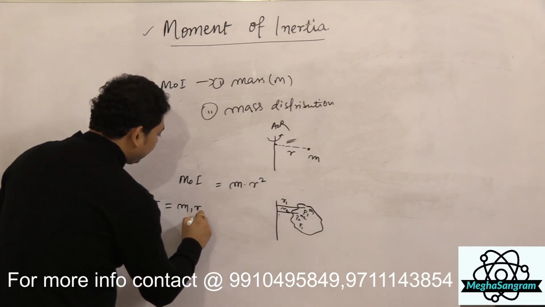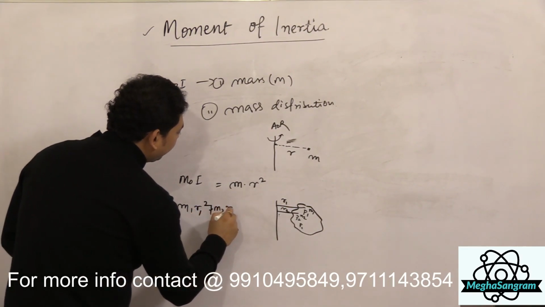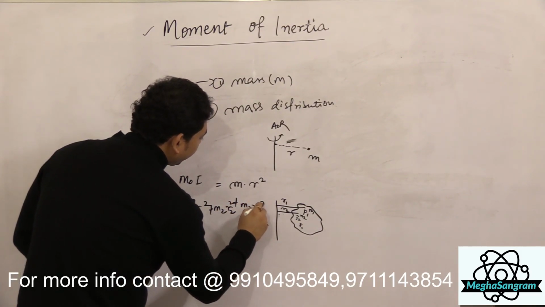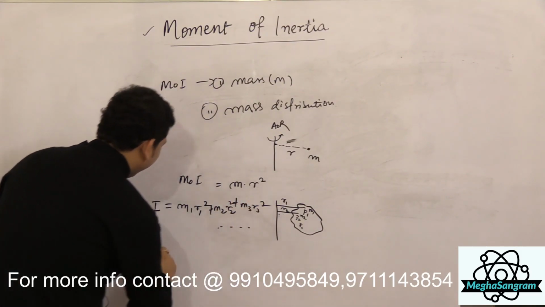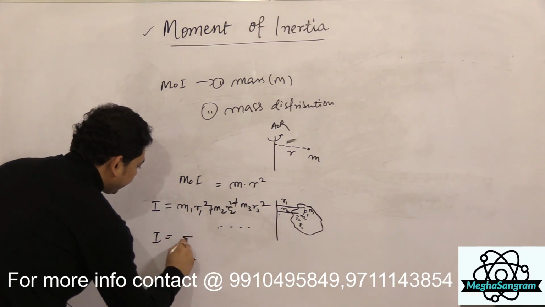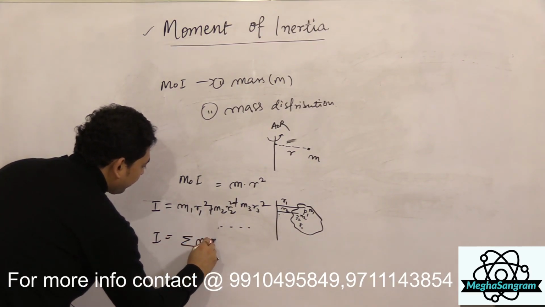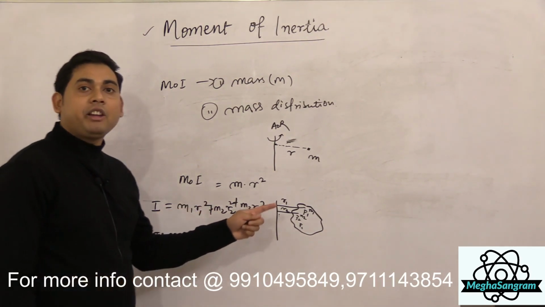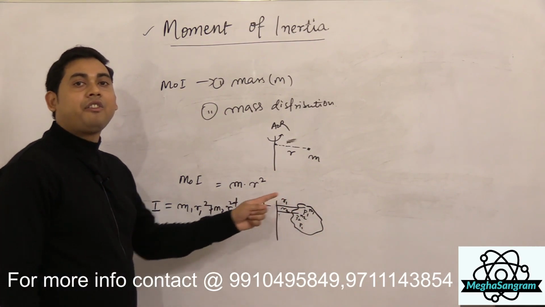So this is m1 r1 square plus m2 r2 square plus m3 r3 square, likewise. Or we can write I is equal to summation m r square, only when we know individual masses of a rigid body.